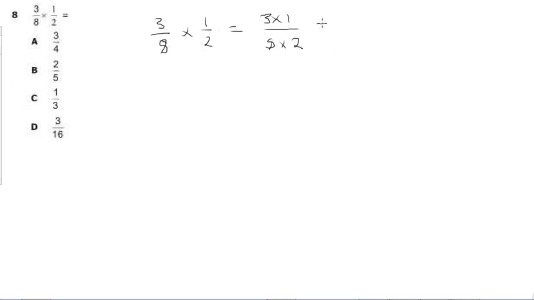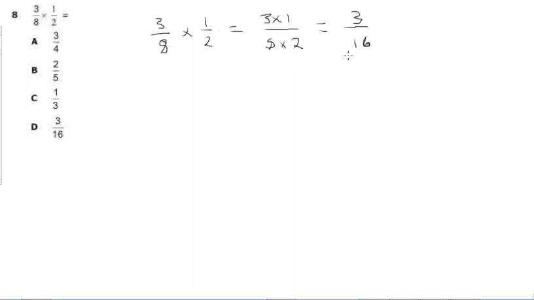3 multiplied by 1 gives us 3, and 8 multiplied by 2, which is the same as 8 plus 8, gives us 16. Can this fraction be simplified any further?